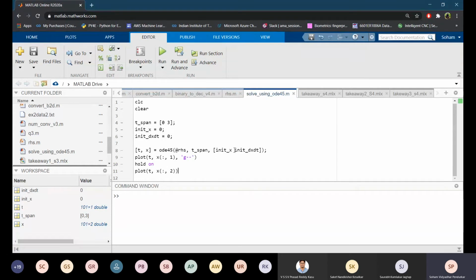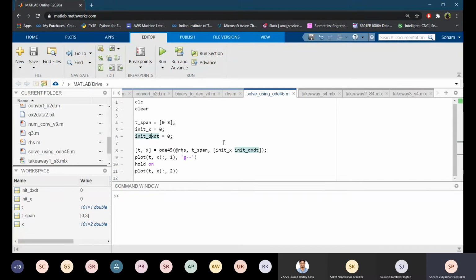So what these initial conditions will do is automatically assign the first to x1 and the second to x2. So x1 equals 0 will be assigned and x2 equals 0 will be assigned. Whatever I'm doing here is my own formation of my own variable. It will not understand what I mean by this.